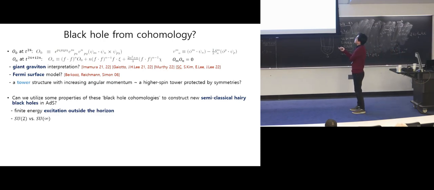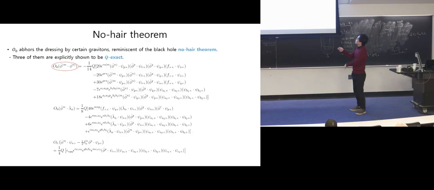So let me start from the field theory side, what we found. If we multiply the chiral primary gravitons on top of the black hole threshold operator, you can show that this becomes Q-exact by explicit computation, which means that these product operators will be lifted.